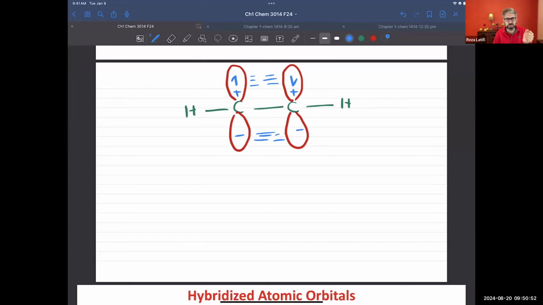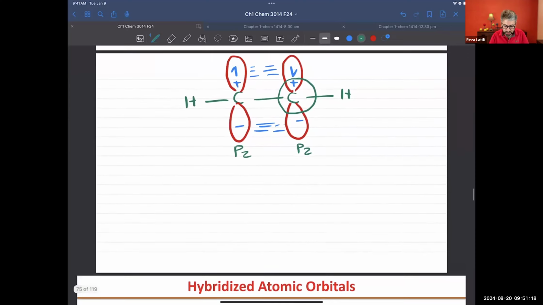Now any carbon that you pick is sensing technically 2 sigma bonds, so 2 plus 2, 4, and 1 pi bond also we have. So carbon is sensing 6 electrons. We need one more bond. Call this one PZ, for example. Carbon right now has the hydrogen attached to it, and it is attached to another carbon, attached to another hydrogen.